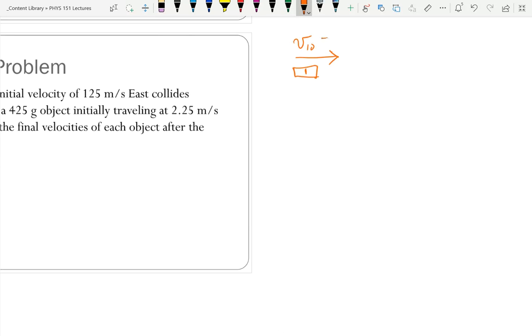V1 initial equals 125 meters per second. And then I have object 2 moving at V2 initial equals 2.25 meters per second.